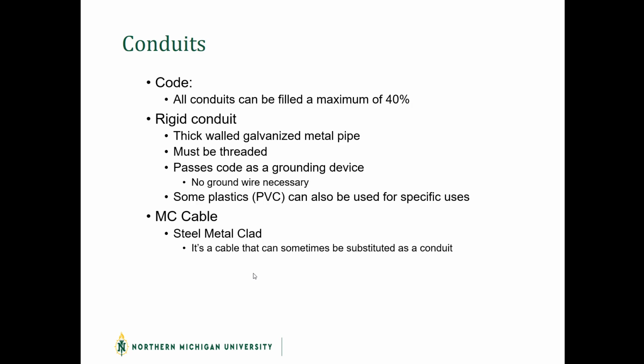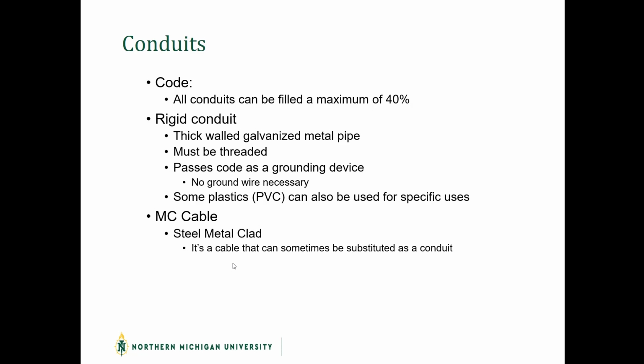We also talk about using MC cable a lot. MC stands for metal clad. We use that in different situations if we need flexibility, but MC cable is not as protective as your typical rigid conduits, like we mentioned before. It can be used in a lot of different fashions, but it's not properly rated for some code requirements.